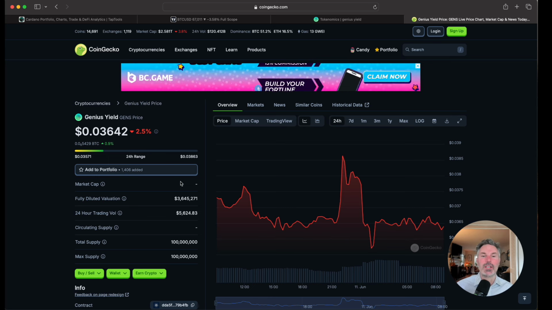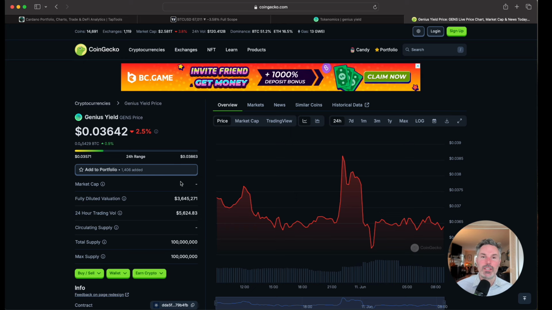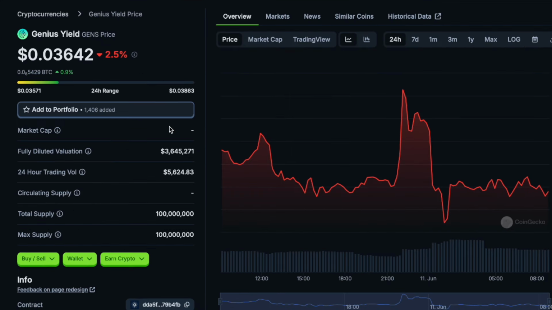You have to look to get the info because it's not even registered yet within the data. It doesn't have enough data to show that because it's beginning, you know, in a couple years, or maybe even at the end of this year, there'll be enough data for Genius Yield to be registered.